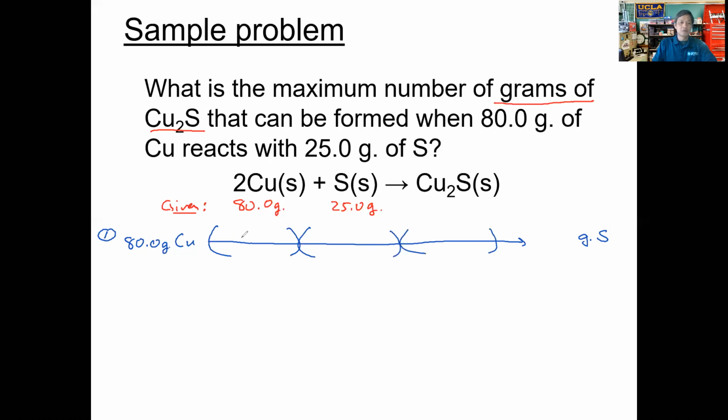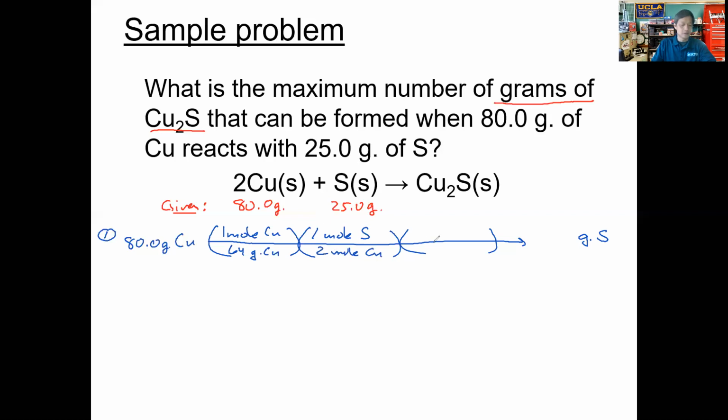The first conversion factor is the molar mass of copper: 1 mole of copper is 64 grams. The mole ratio between copper and sulfur is 1 to 2, so it's 1 mole of sulfur to 2 moles of copper.